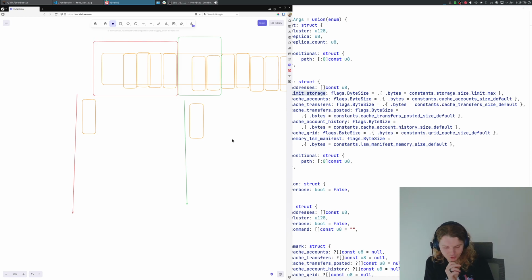So if you understand TigerBeetle's grid reservations, you understand the difference between concurrency and parallelism, because this is a very cute piece of code where there is no parallelism whatsoever. This is just a single thread. And there is not even normal concurrency.